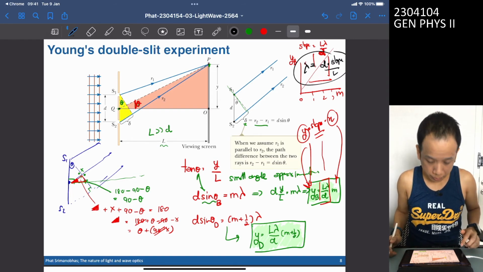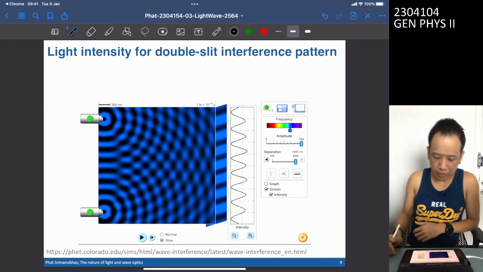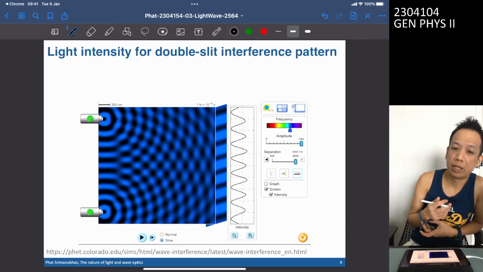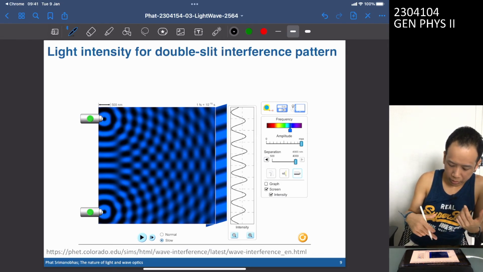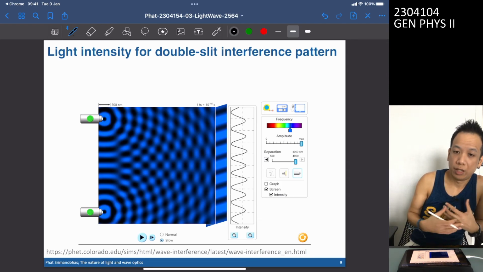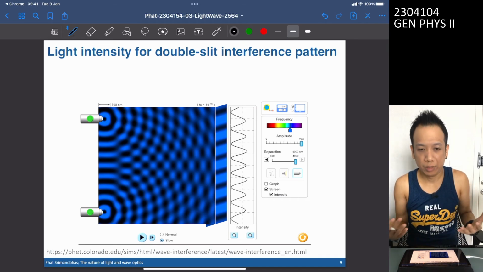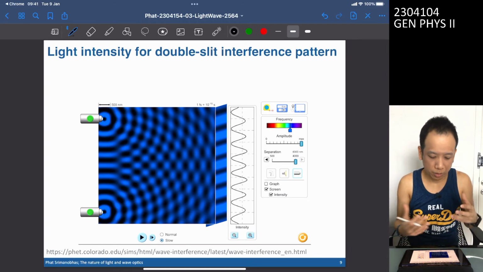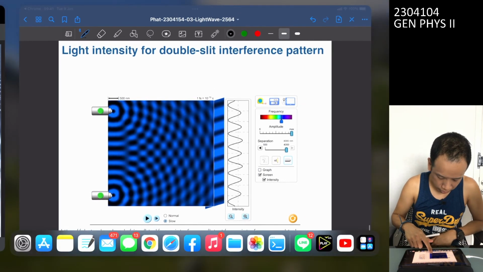Okay, for the last page, the light intensity for the double slit interference, since every class is online, it's difficult to demonstrate to you from here. So I put the link to the interactive learning so that you can play around and get the idea of the interference. You turn on one light source, you turn on a different light source.